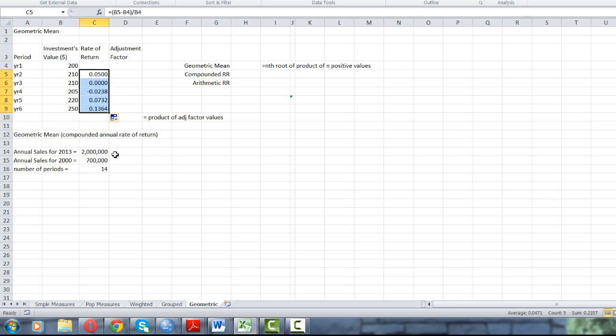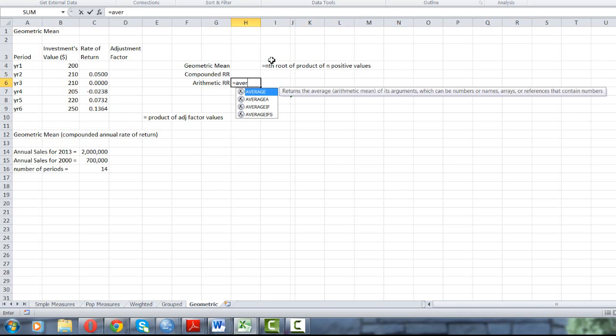Well, I could do an arithmetic mean of that rate of return. That's fine. Again, I'm going to cheat here just in the interest of time. You're not allowed to do that, but what you should do is use it sometimes to check your answers.